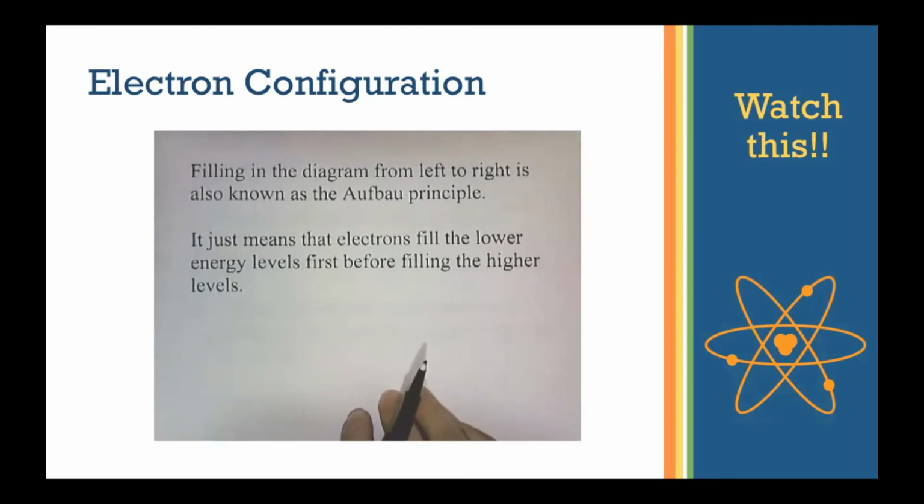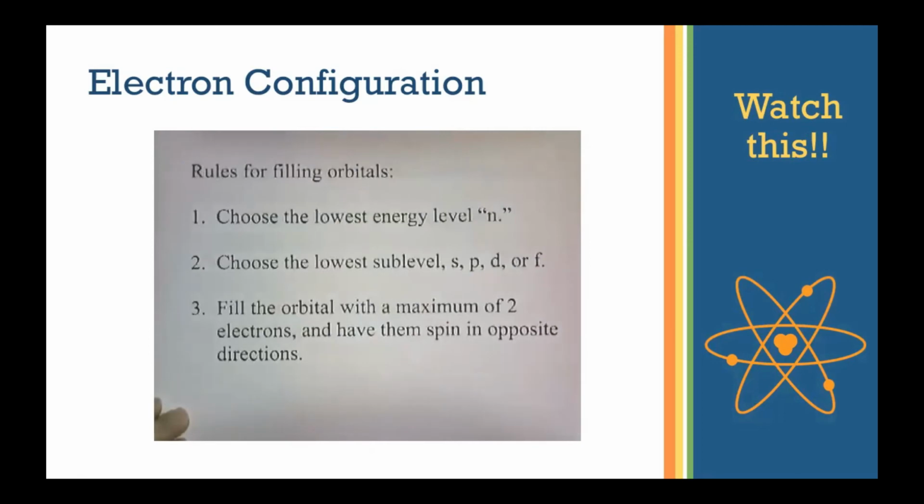So here are the rules we're going to use for filling in the orbital diagram. First, you choose the lowest energy level. That means you're going to start as far left as you can. Choose the lowest sublevel, s, p, d, or f. Once again, it just means we're going to go from left to right. Fill the orbital with a maximum of 2 electrons and have them spin in opposite directions.